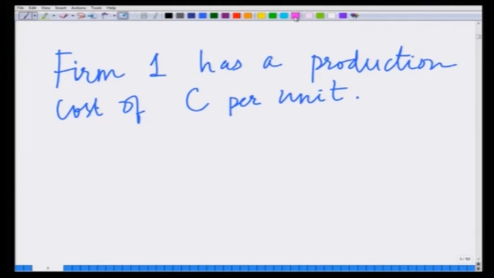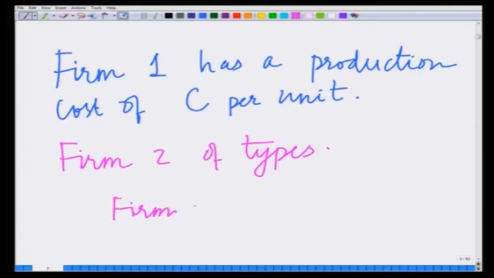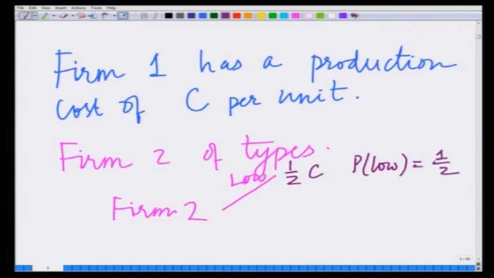However, firm 2 is of two types. There is firm 2 of type low, which has a production cost of half C, and probability of low equals half, and firm 2 of type high has a production cost of C and the probability of high equals half.